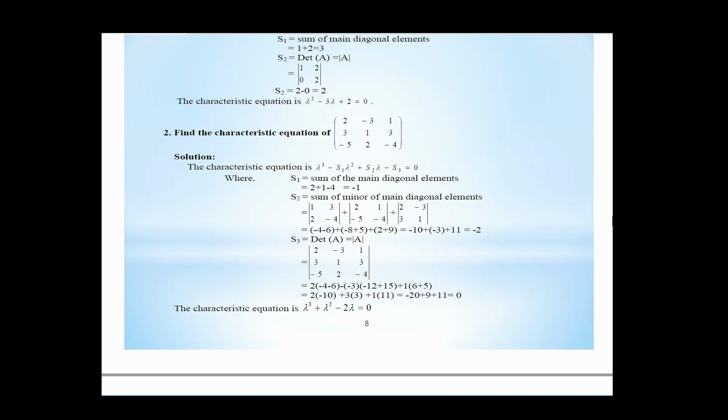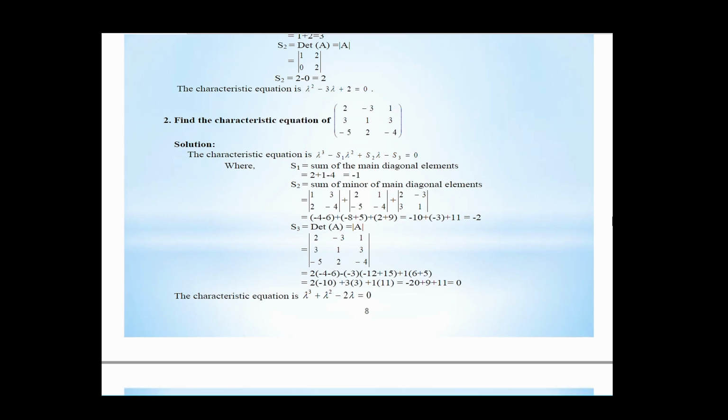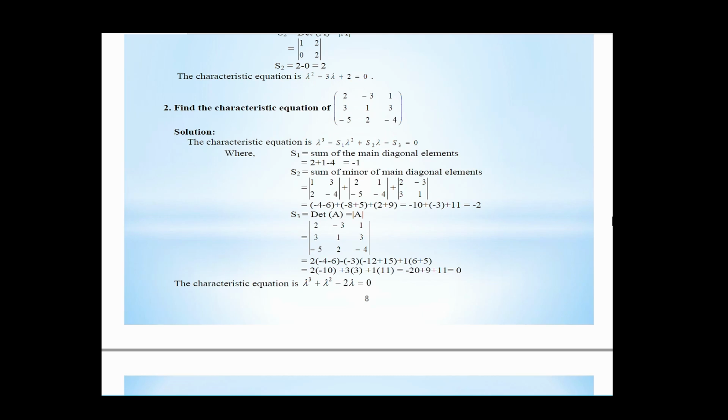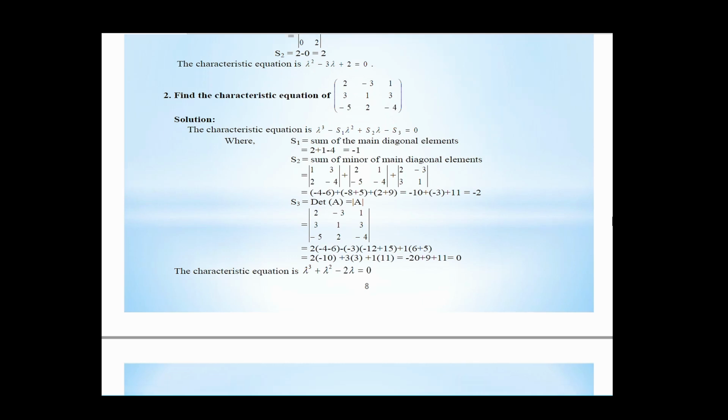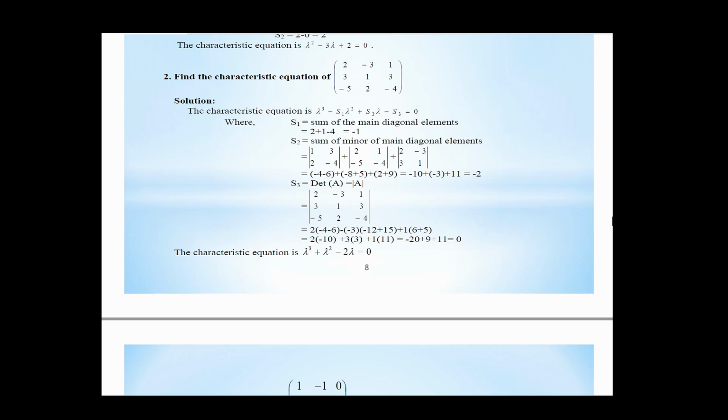Next we see an example of finding the characteristic equation for a 3 by 3 matrix. The matrix is [2, minus 3, 1; 3, 1, 3; minus 5, 2, minus 4]. The general form of the characteristic equation for a 3 by 3 square matrix is lambda cube minus s1 lambda squared plus s2 lambda minus s3 equal to 0.